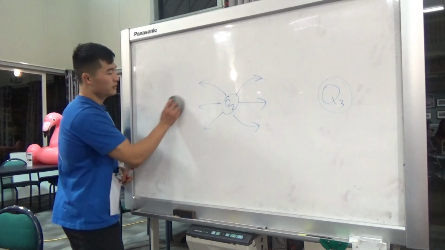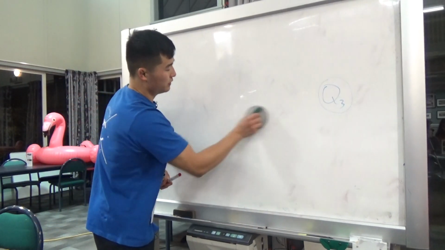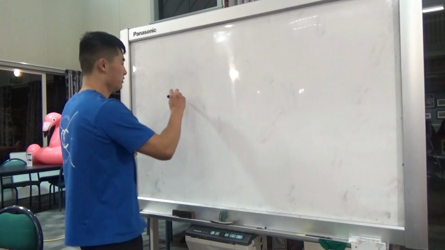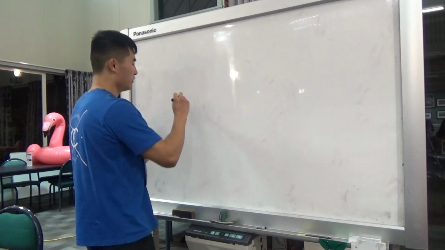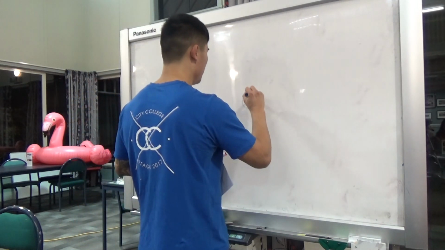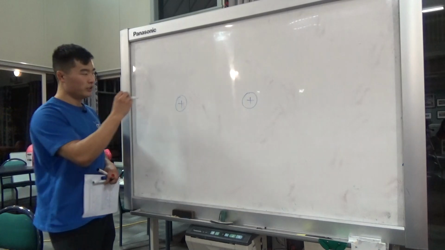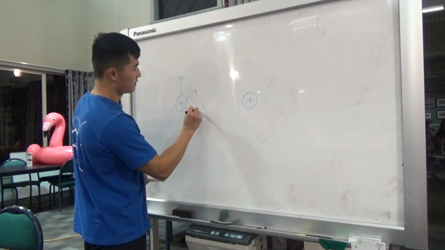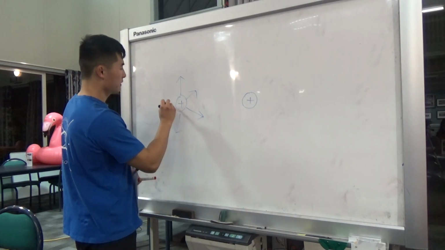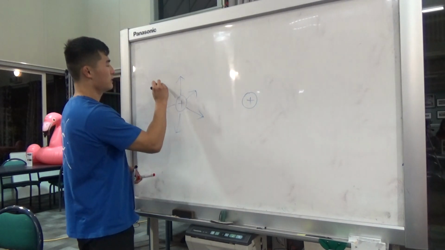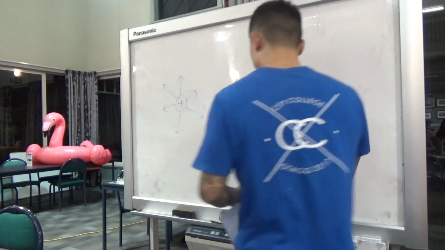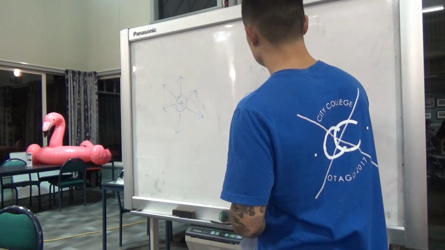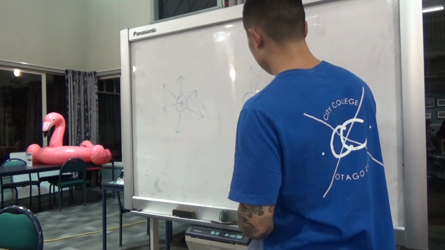Okay. So let's say that you had two charges, and we'll look at this separately. This one here has this many lines coming out of it, and then this one here has a lot more lines coming out of it.